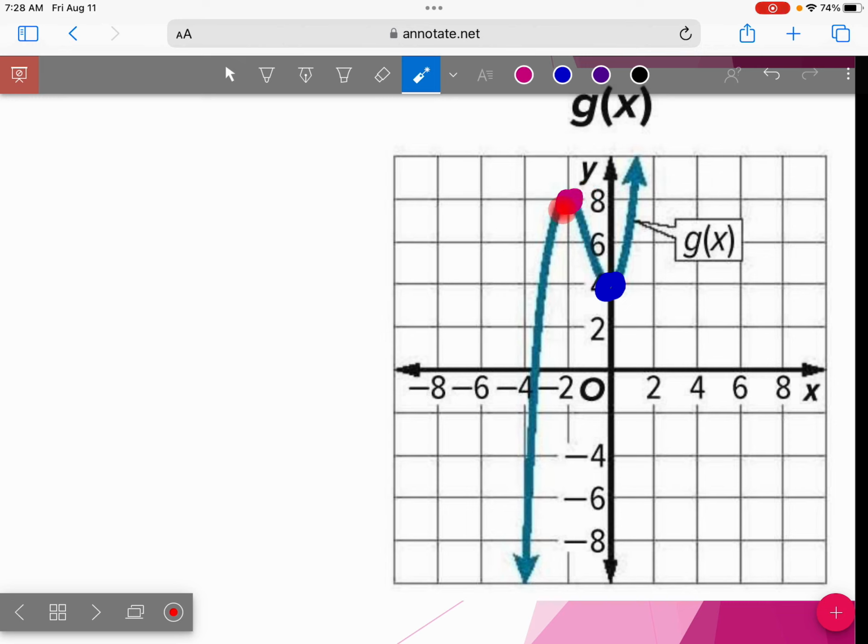Is this a maximum or minimum? It's a maximum. Is it the very, very highest on the whole graph? Is it a true maximum or a relative maximum? It never, ever, ever goes higher? It's a relative maximum.